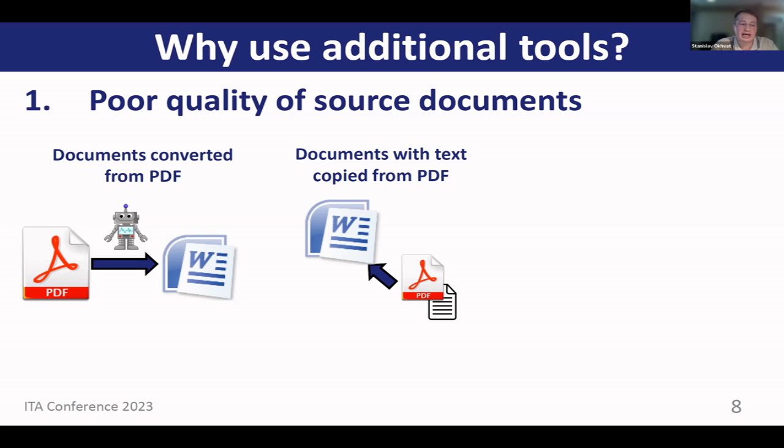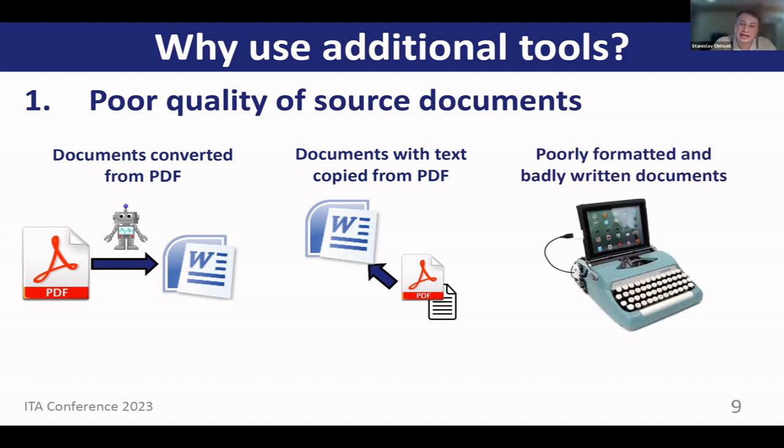The document may look like it was written by a human from scratch, but in fact, it contains parts which were copied from PDFs with bad formatting that often comes with such text. Poorly formatted and badly written documents. Again, from experience, it is common to see documents with excessive spaces, paragraph and line breaks in the middle of sentences, and other examples of bad writing habits or poor formatting.